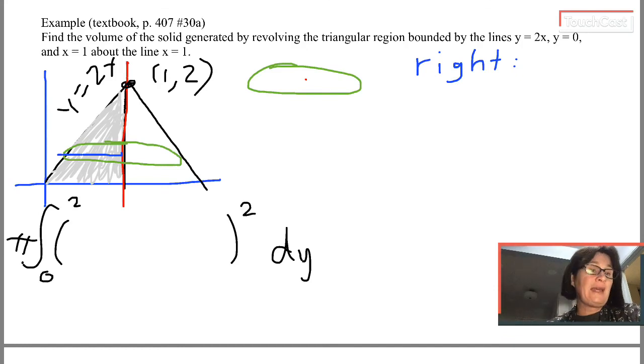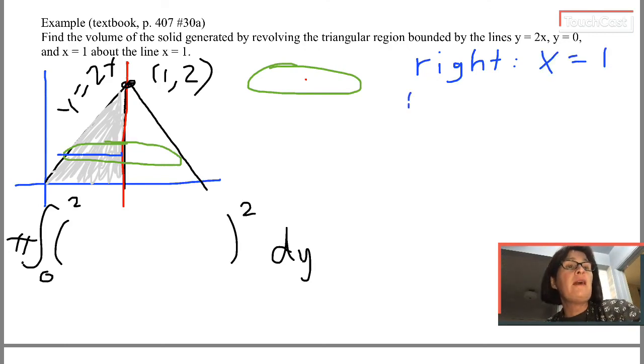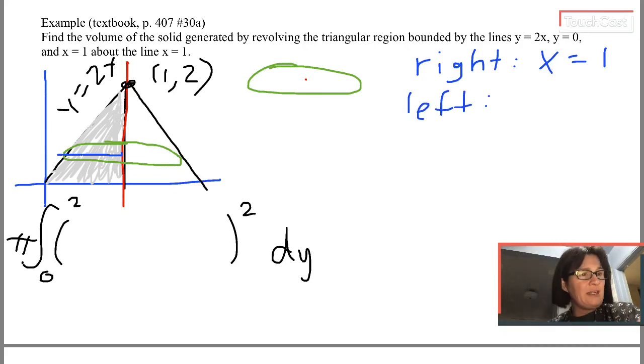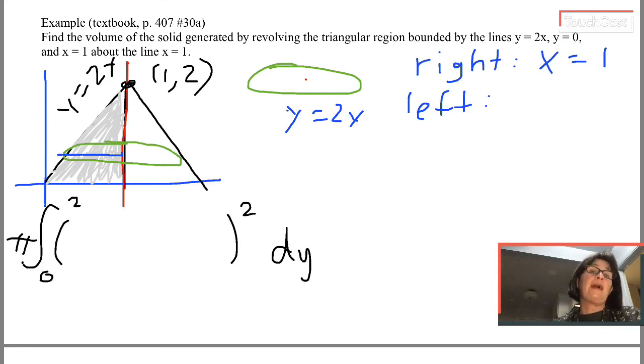Well, the right-hand edge bumped up against my axis of revolution, which has the equation x equals 1. On the left-hand side, I crashed into that linear function, which was y equals 2x. But I don't need an expression for y, I need an expression for x, because I need the x coordinate of that point, so I can subtract from the other x coordinate and get the horizontal distance of that radius.